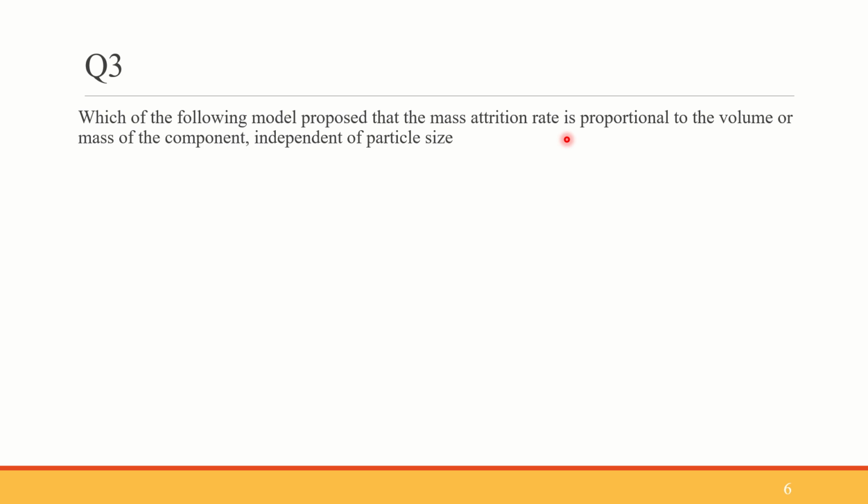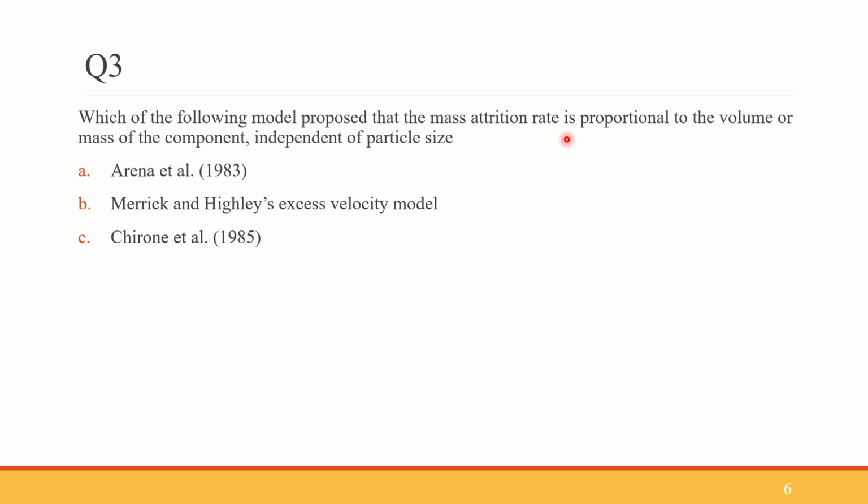Now let me look at the options, that is, the models. The first one is Arena et al 1983, the second is Merrick and Haley's excessive velocity model, the third is Chiron et al 1985 model, and the last is Pan and Srivatsava's model.